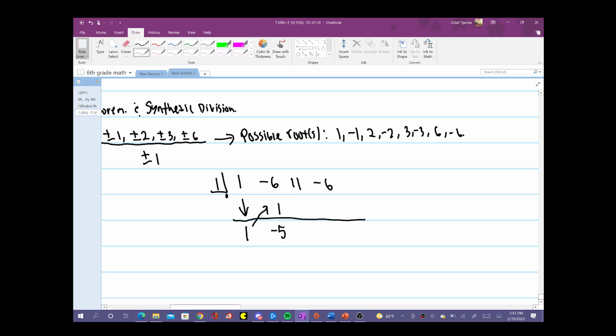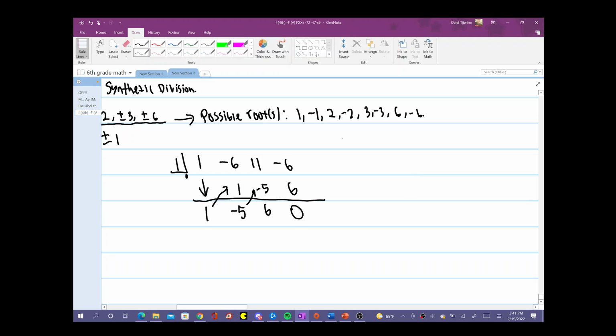Then 11 minus 5 is 6, and 6 times 1 is 6, which gives you 0. Because the remainder is 0, x equals 1 is a solution.